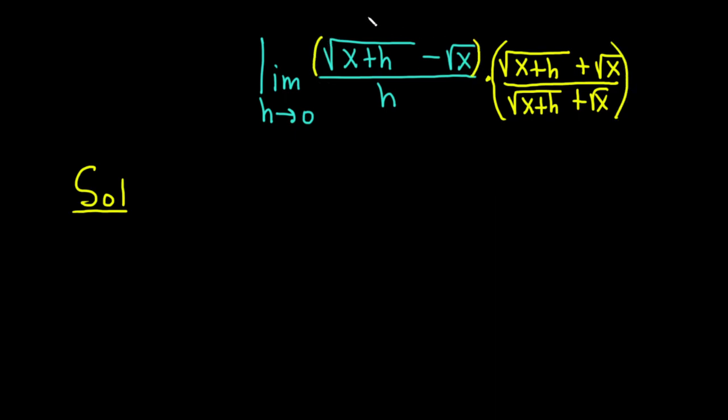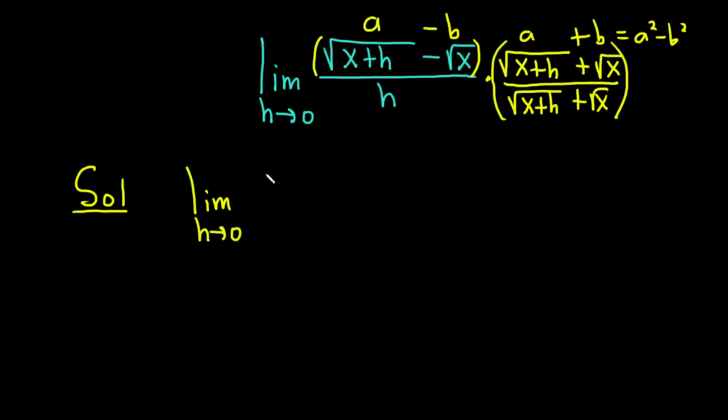Now we use the difference of squares formula. If you have a minus b times a plus b, this is the same thing as a squared minus b squared. Let's go ahead and apply this. So this is the limit as h approaches 0. So a is the square root of x plus h.